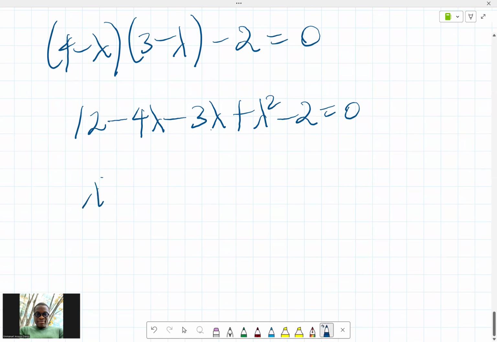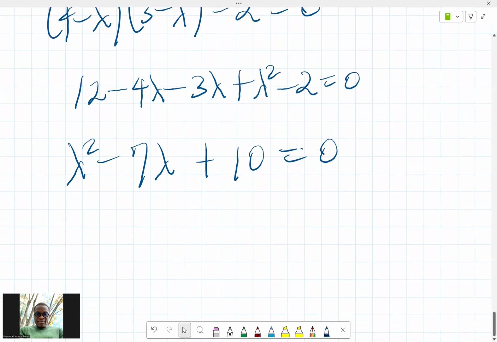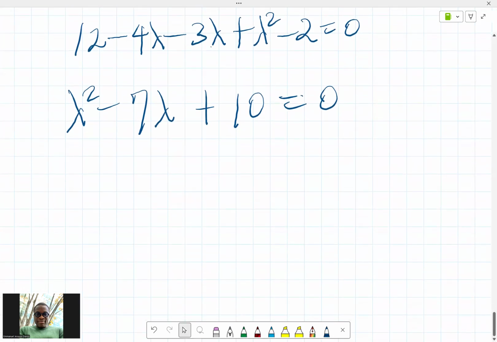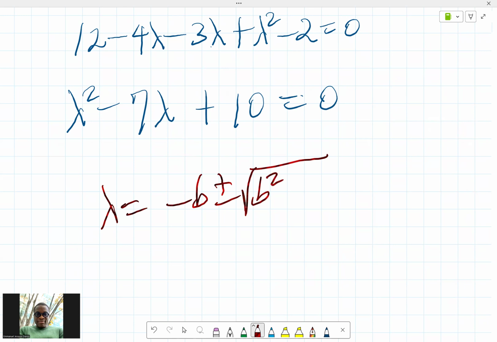Okay, so we can rearrange this to have lambda squared minus 7 lambda plus 10. 12 minus 2 is 10. That's equal to 0. So we can try to factorize now, or we can use the so-called almighty formula, where we know that lambda is equal to minus b plus or minus the square root of b squared minus 4ac, all over 2a.